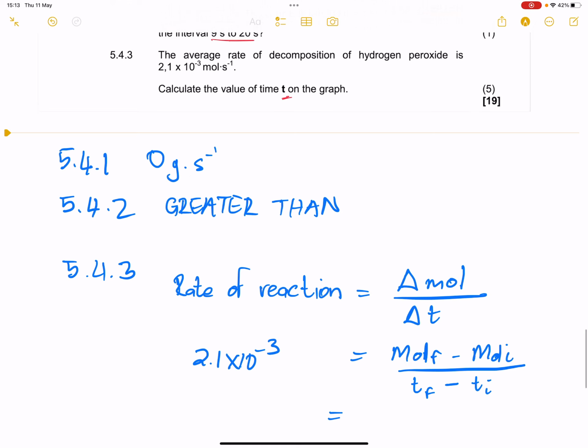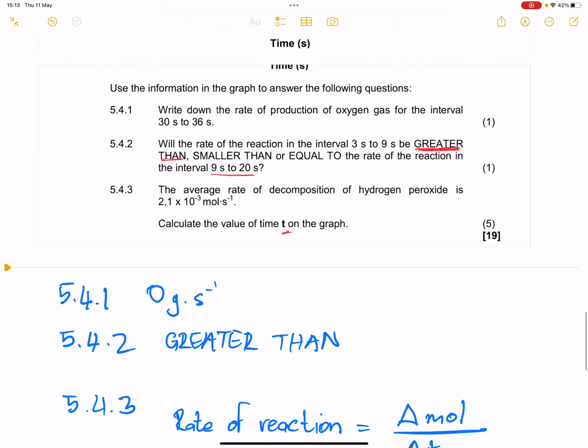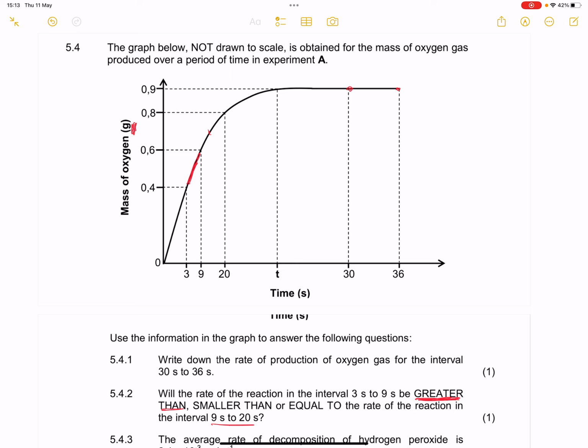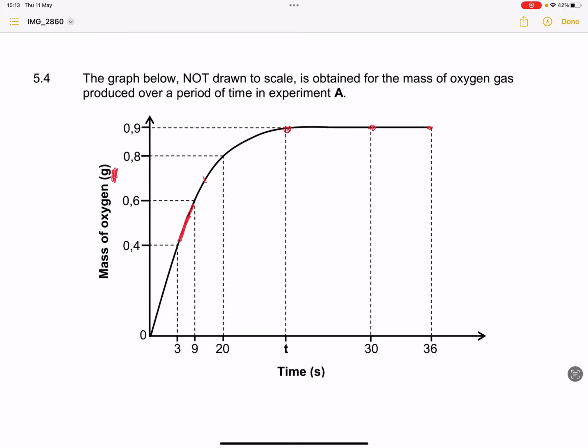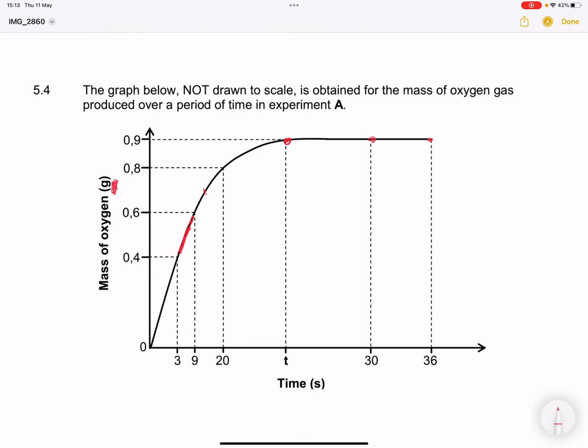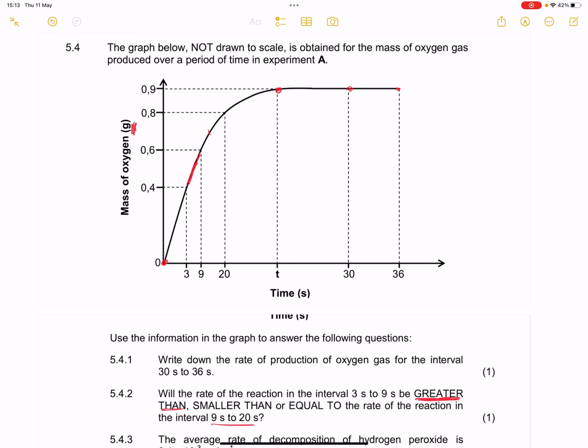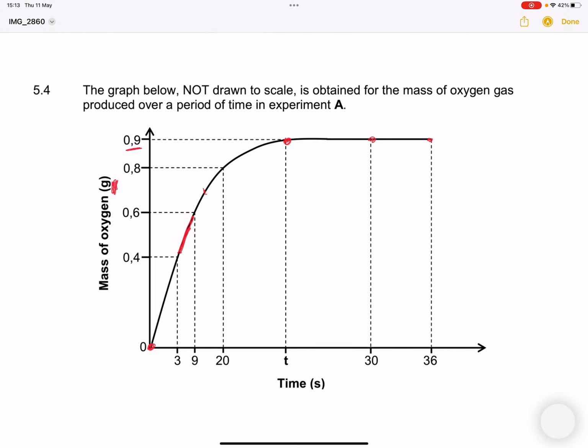Now, in this case, we are looking at the time t, which is when that reaction reached completion there. So our initial we will take as 0 and 0 over there, right? Now remember, this is 0.9 grams, so we need to convert that to moles.